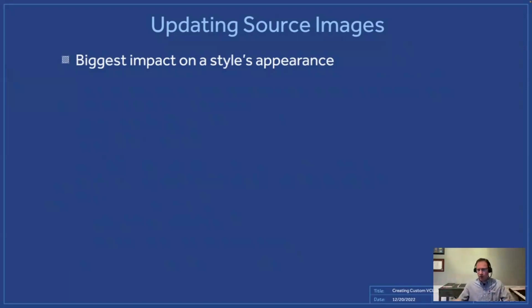So, for example, a button has the various push button state images: the hover, the normal, the push down, the disabled. And using a technique called image slicing, which we'll talk about later, these image assets can be resized to present any size button on the control. So obviously changing that source image has a huge impact on the style.